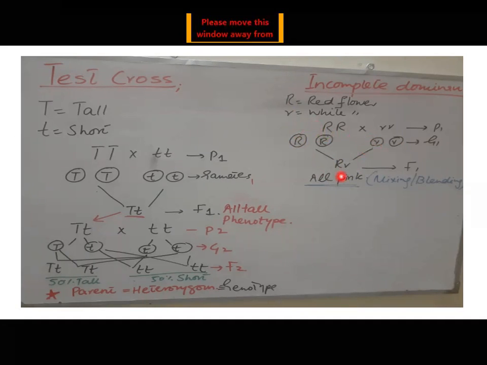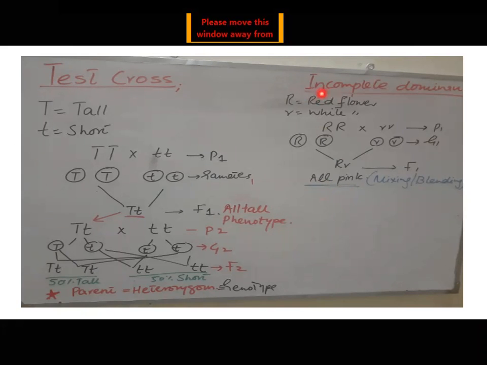There is a kind of mixing or blending of the two alleles in the form of the phenotype. The genotype remains the same, it was heterozygous, but the phenotype we see went towards blending. Instead, as we studied in dominance, one gene suppressed the other, that did not happen either, and then we studied in codominance both alleles were expressed together, that did not happen either, but both alleles form a kind of blend or mixture that results in the phenotype all pink.